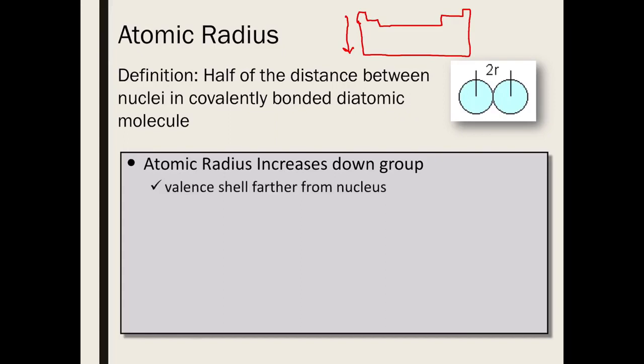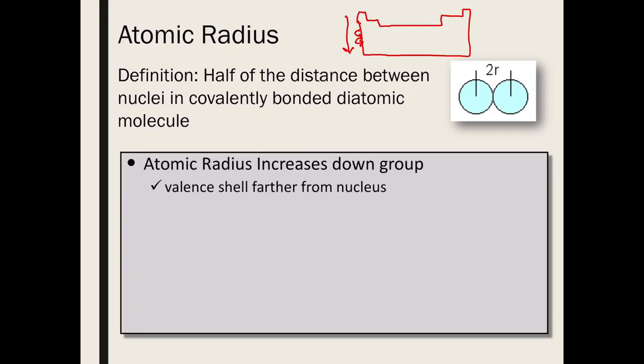The reason that we get larger is that the valence shell, the outer shell of electrons, is farther from the nucleus. Every time we go down a group, like going from the 1s to the 2s to the 3s to the 4s, that's adding on a larger and larger s orbital or p orbital, right?